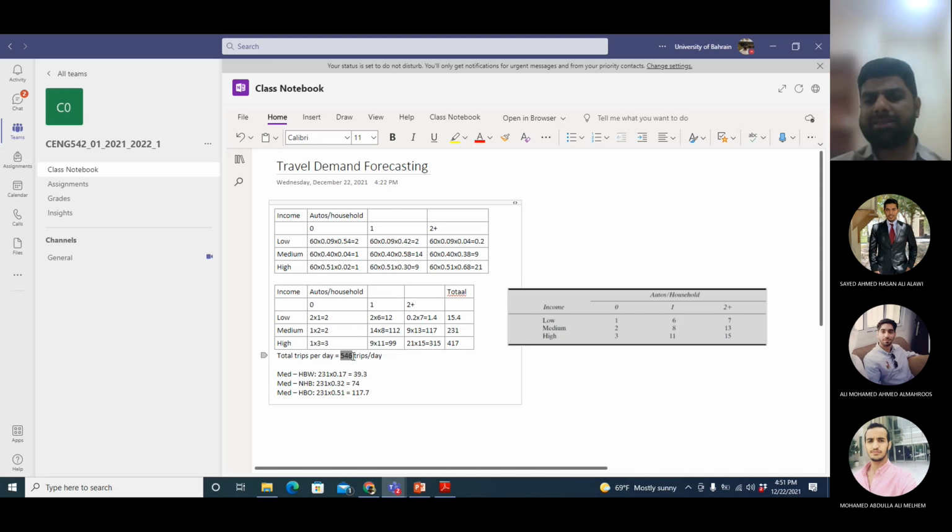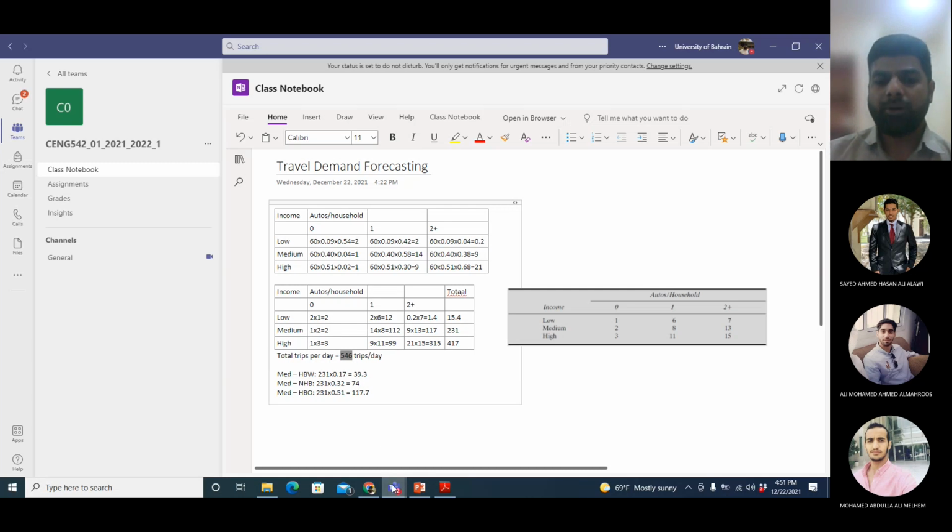If you divide this number by 60, it will give you the number of trips per household unit. 546 total trips divided by 60 will give you the average number of trips per household.